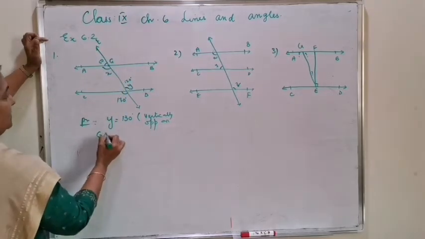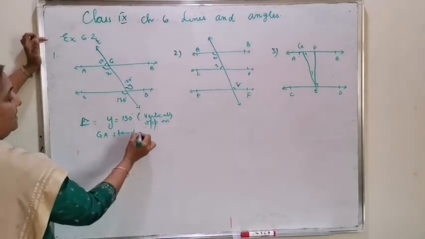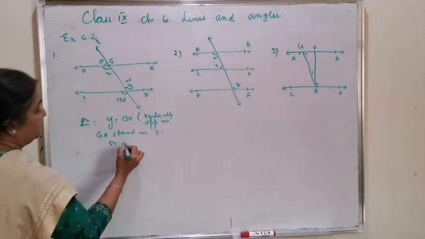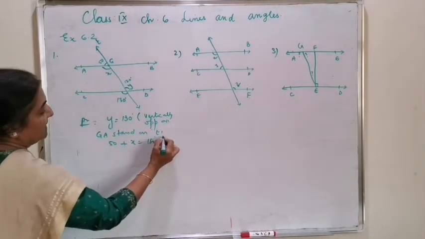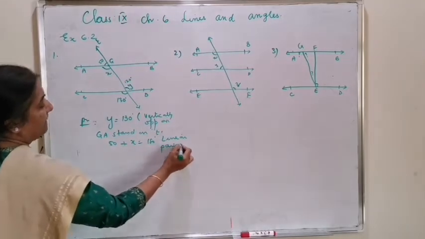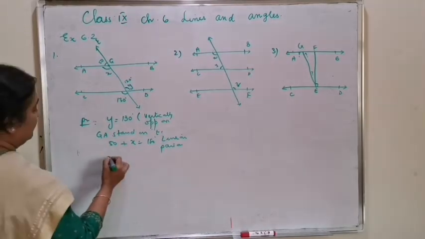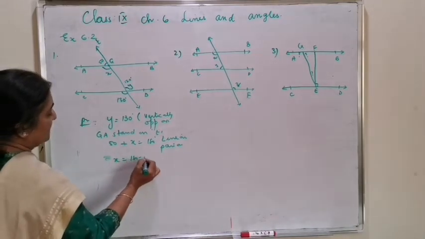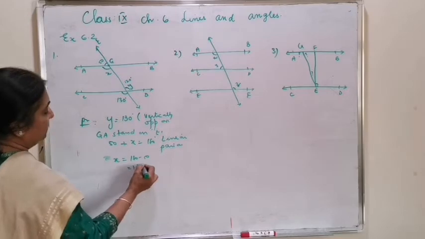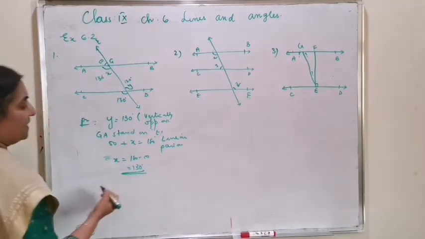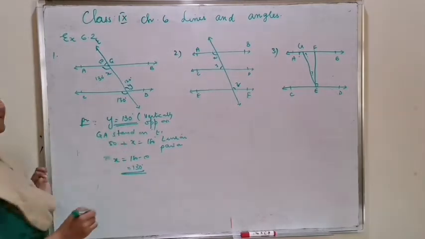GS stands on transversal T. Therefore, 50 plus x is equal to 180 by linear pair axiom. That is, x is equal to 180 minus 50, which is equal to 130 degree. That is, x is also 130 degree, y is also 130 degree.